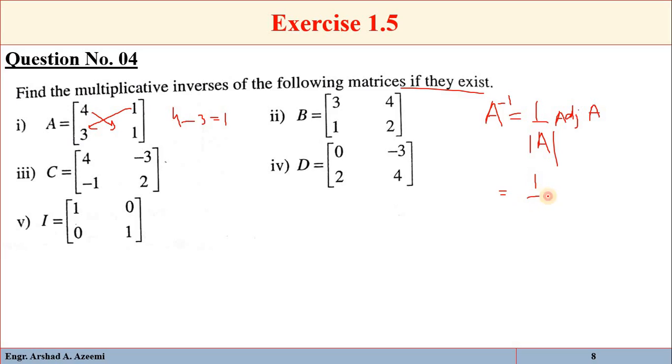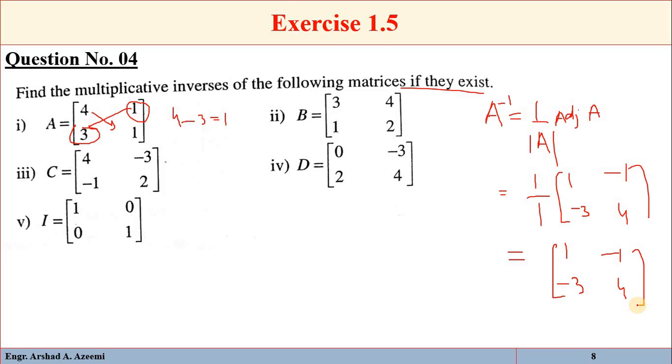Okay, so the determinant is 1. And what will be the adjoint? Just change these two elements, it will become 1 and 4, and change the sign of these elements. It will become -1 and -3. So again 1 divided by 1, that is 1. If it is multiplied with the matrix, you will again get that same matrix, 1, -1, -3 and 4. So this is the inverse of matrix A.